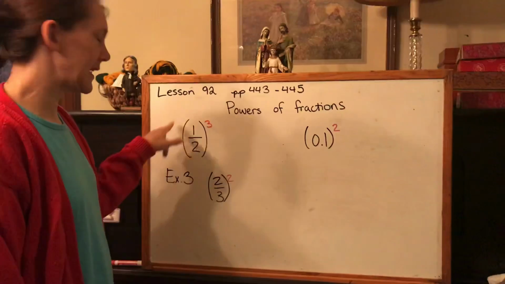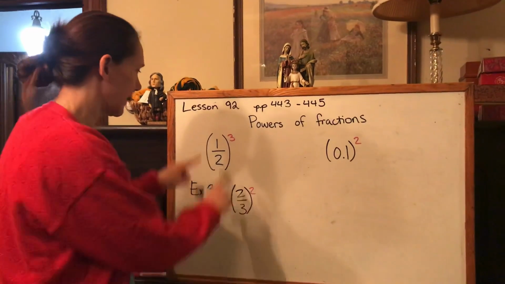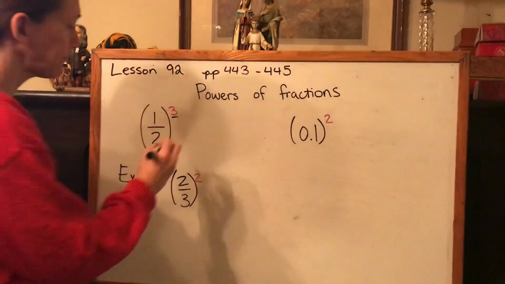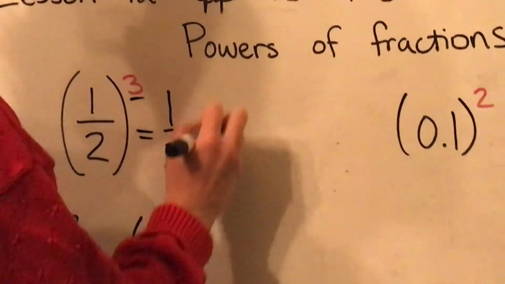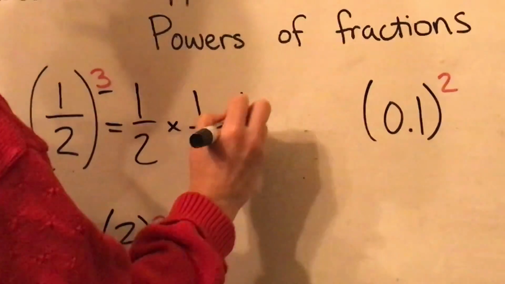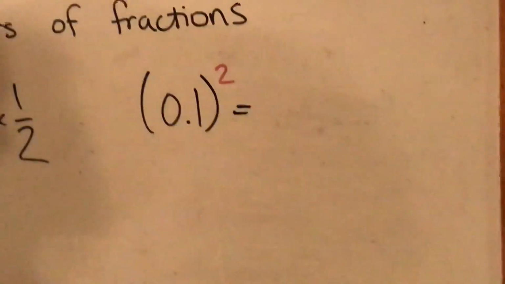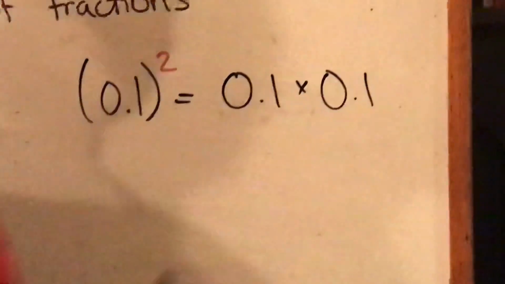Moving on to powers of fractions. When you see something like this, where the entire fraction is wrapped in parentheses, the warm blanket of a parentheses, and then you see an exponent, that means this entire fraction is multiplied by itself, however many times. And same with a decimal number. So this would be 0.1 times 0.1.